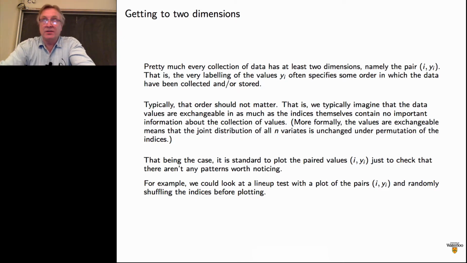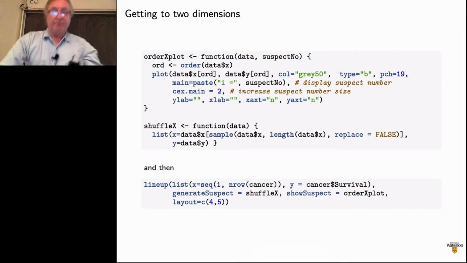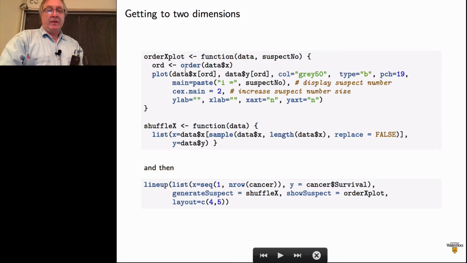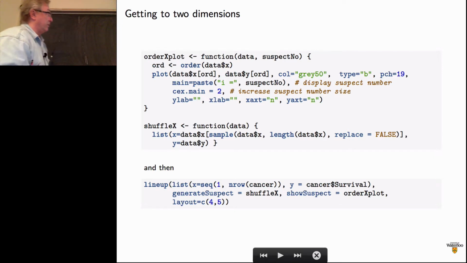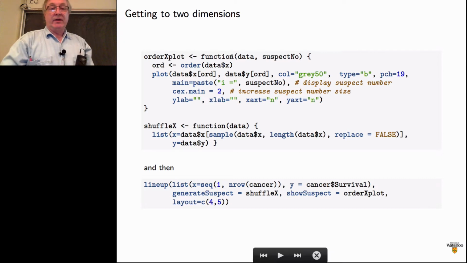And then let's just shuffle the order and say, can you pick out the data? Okay? So here's how I do this. I'm going to use a lineup plot, so this is my display suspect. It has to have the data, which has an X and Y. You remember before we were using that for mixing two different samples.